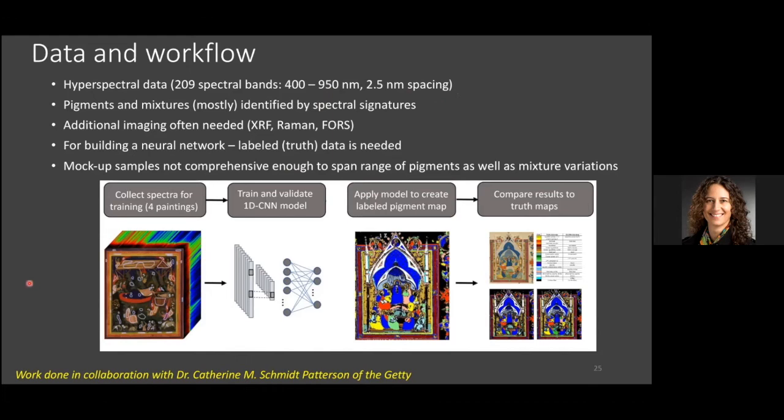Just to clarify, truth data is defined as pigments identified from various imaging modalities. So not just hyperspectral data, but also from XRF, sometimes Raman, or fiber optic reflectance spectroscopy. We did look at the potential to create mock-up samples for the data set. However, the large variation in spectral signature, even within a pigment or mixture, is mostly not attainable with samples created in a lab. Next.